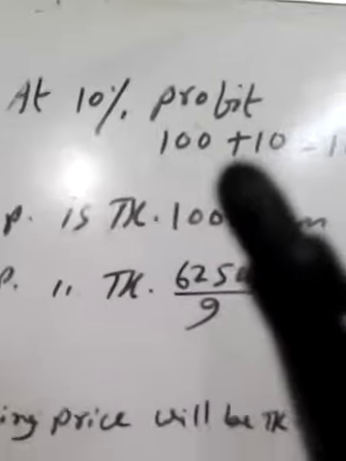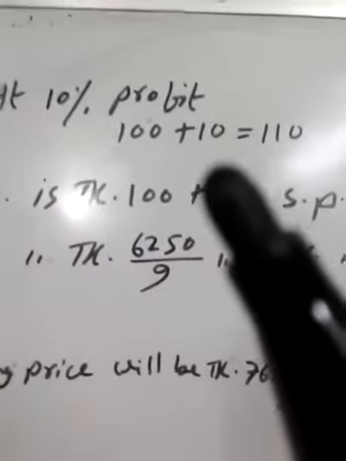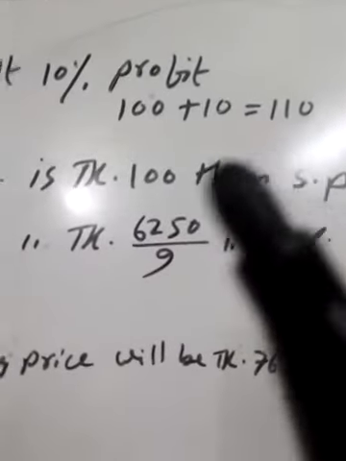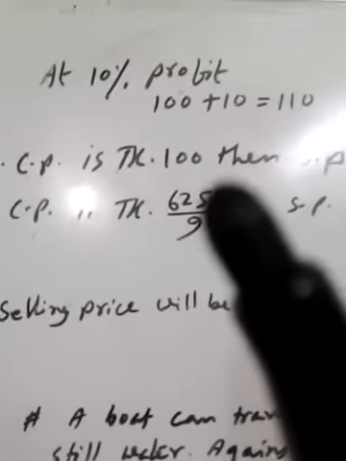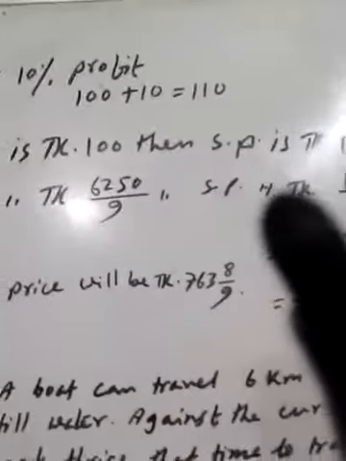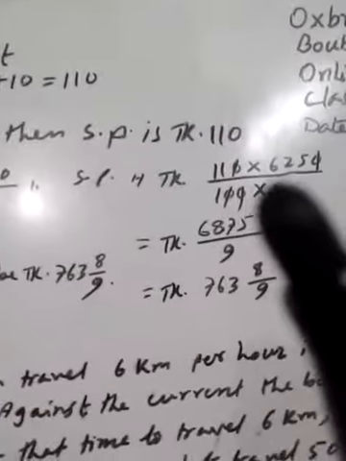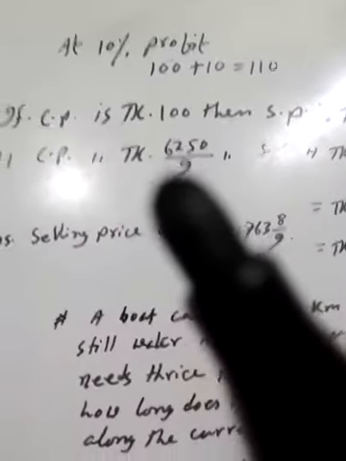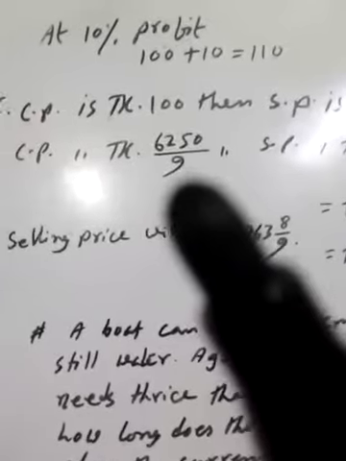Now see, to gain 10% profit, at 10% profit it is 100 plus 10. If the cost price is 100 taka, then the selling price will be 110 taka. And now the cost price is 6250 by 9.